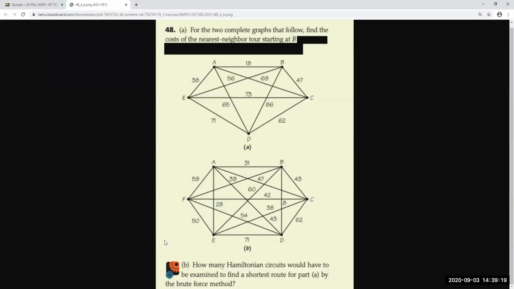There are lots of questions from students about how many Hamiltonian circuits would have to be examined to find the shortest route for part A by the brute force method. A common question is: should I count all the Hamiltonian circuits with mirror images, or should we think of a mirror image as the same as the other Hamiltonian circuits? My answer is that it's actually part of the problem, right?